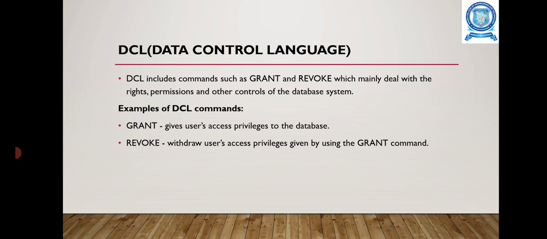Grant gives users access privileges to the particular database. Next one is revoke. Revoke means what was granted is withdrawn by using this revoke command. It withdraws users' access privileges given by using the grant command.